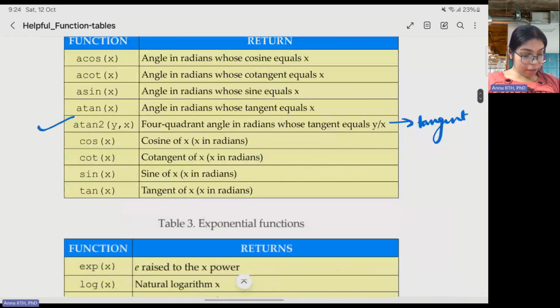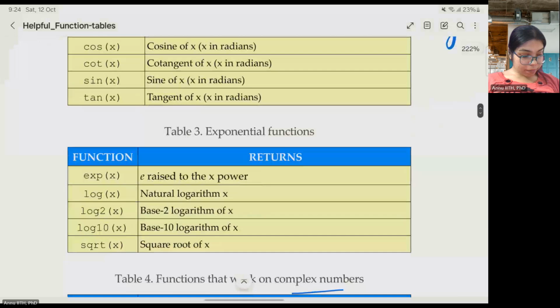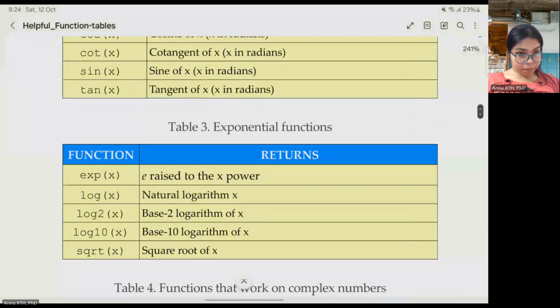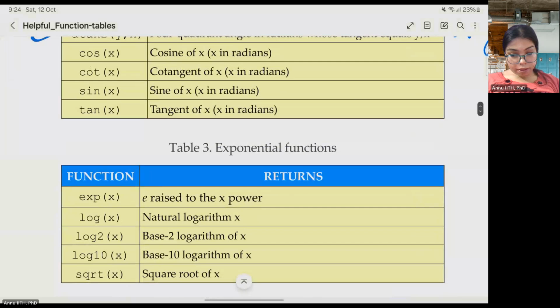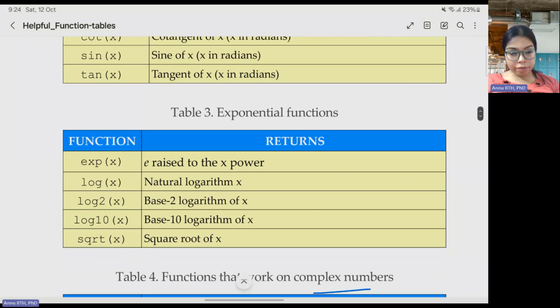So just give it a look. And so many other questions were asked. Condition. You please remember these functions. It will be super helpful for you.